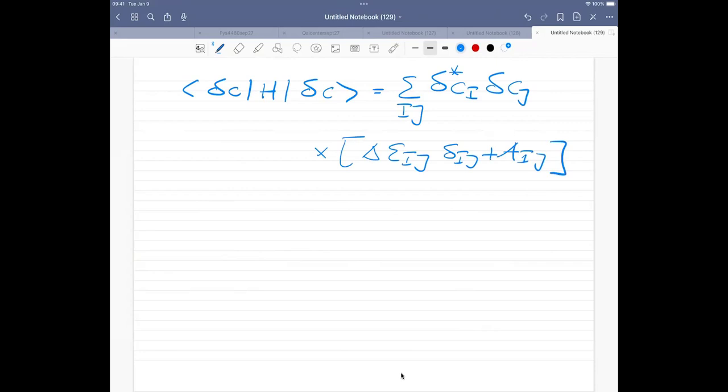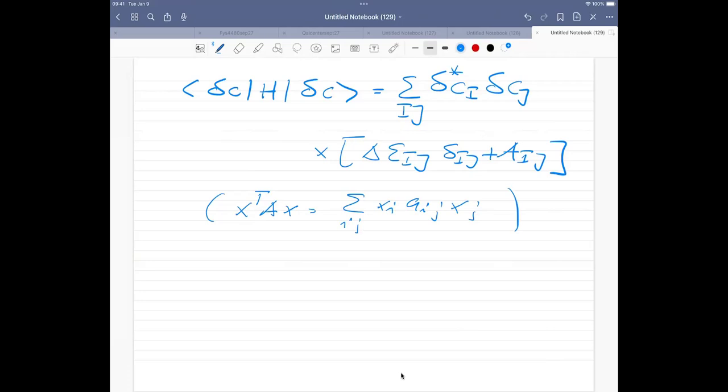And just keep in mind that when we look at this quantity here, the way you can also think of it is as follows. If you think back of a matrix vector multiplication like this one, this is nothing but a sum over Ij of x_i, the specific matrix elements A_ij, multiplied with x_j.